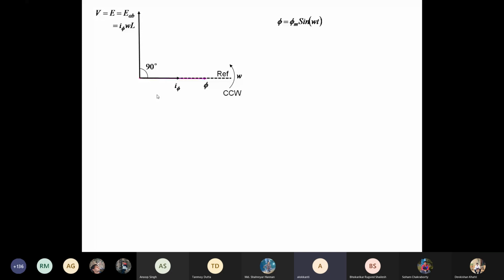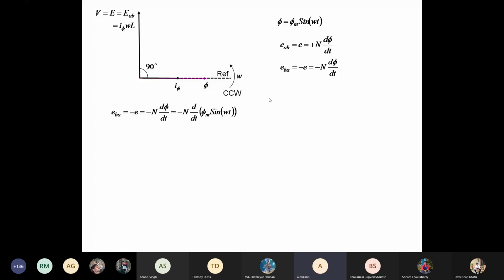So what we have assumed is, just like your current is sine omega t, your flux is equal to phi m sine omega t. And your EAB is basically equal to n d phi dt. If you take EBA, it is minus n d phi dt, and you can draw the phasor on the opposite side.